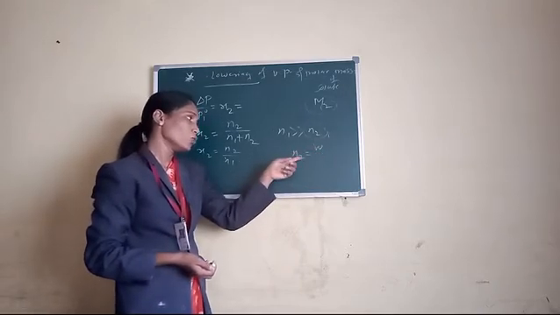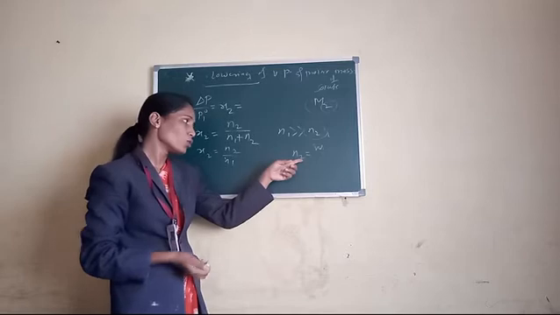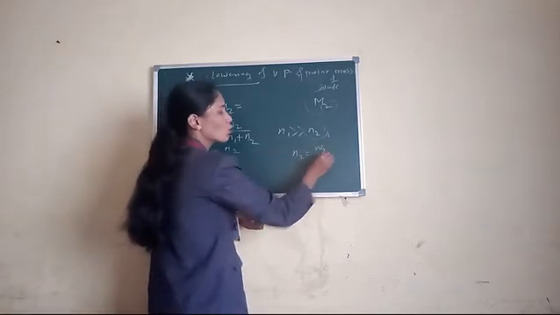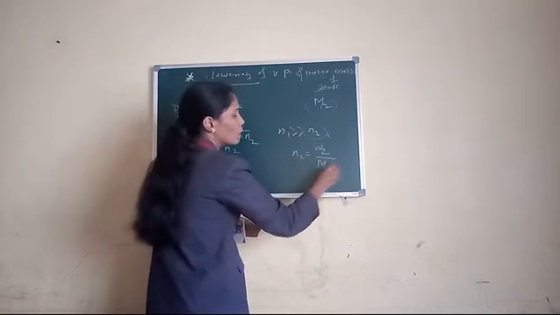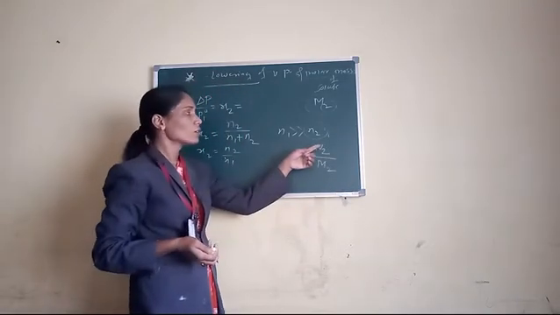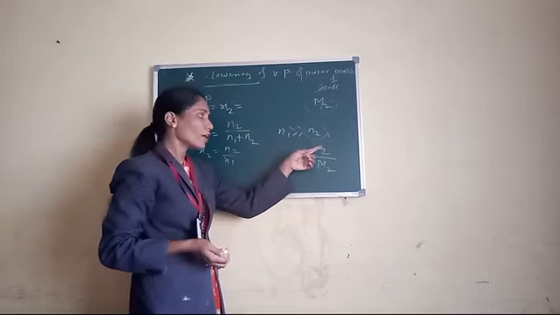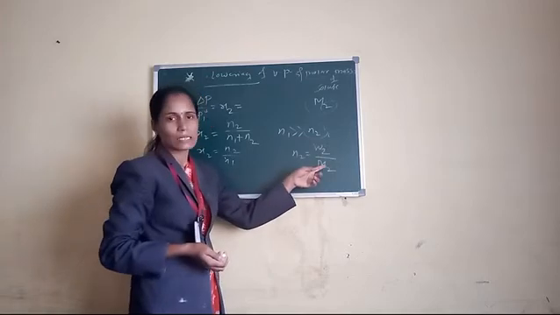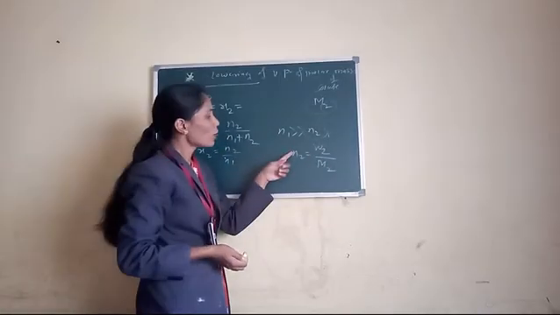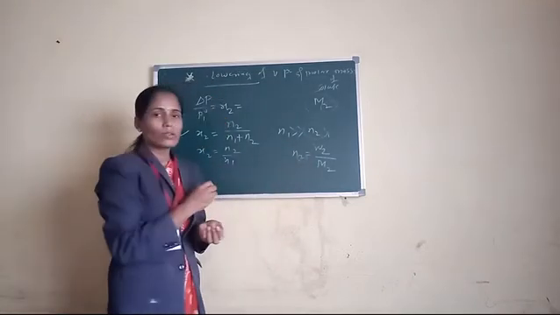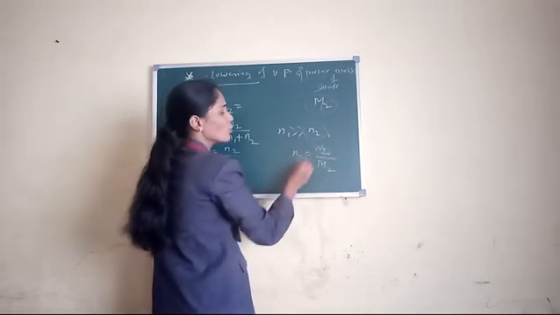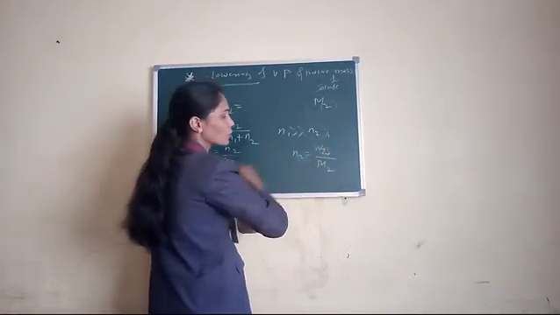Here, N2, the moles of solute, is the mass of solute W2 upon M2. W is for mass or weight, and M for molar mass. The formula for moles of solute is mass of solute upon molar mass of solute.